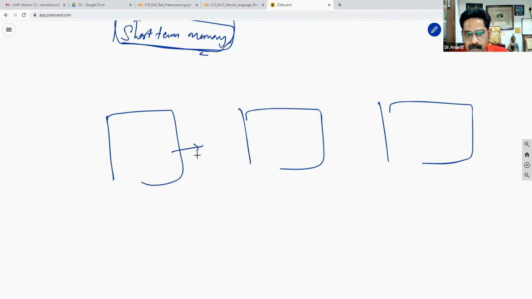So like how your A of t minus 1 is carried forward to the next time instant, and this A of t minus 2 is carried forward to the next time instant. Say, for example, if I say this is my x t, this is t minus 1, this is t minus 2. If this is my current context, the x t, this is my past.